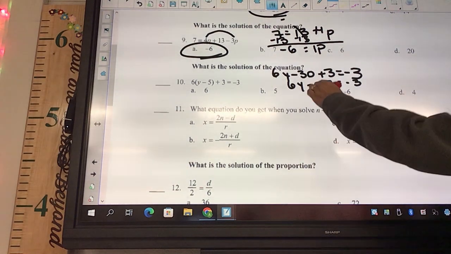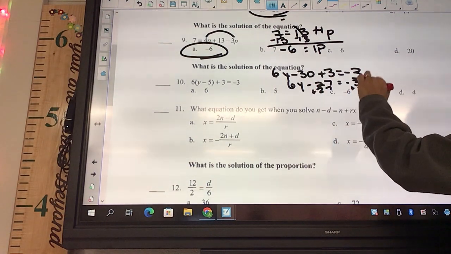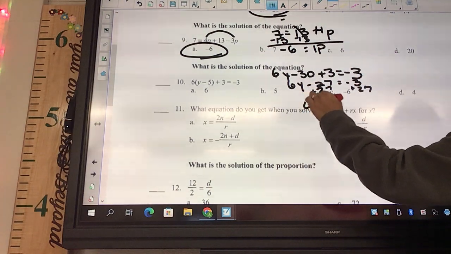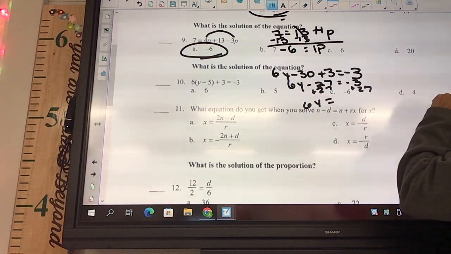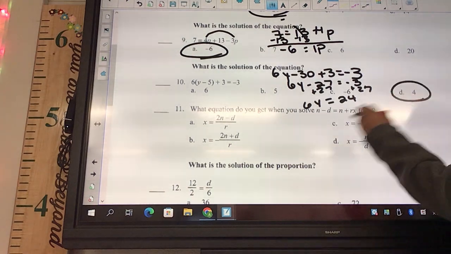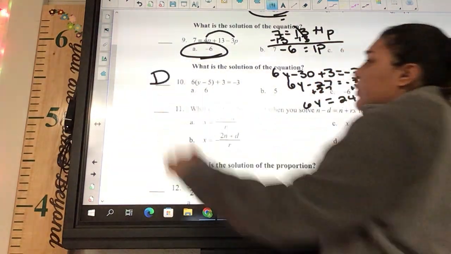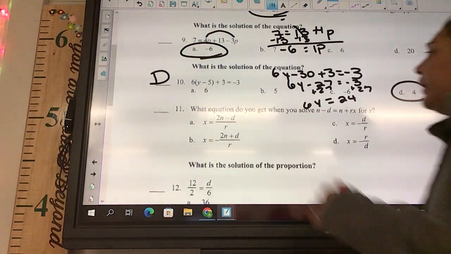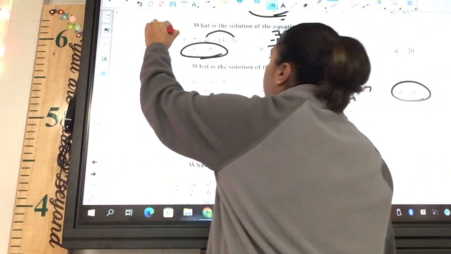Add 27. So I'm going to get 6y equals 24. So what's going to be our answer? 4.